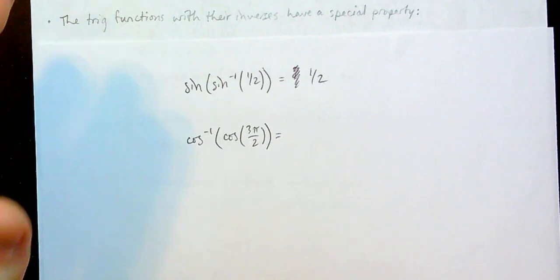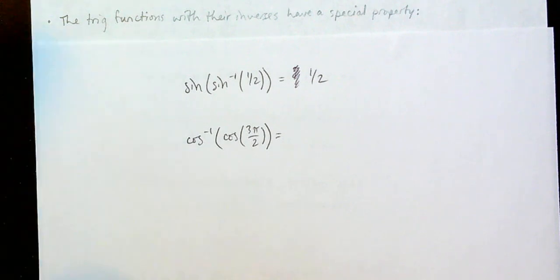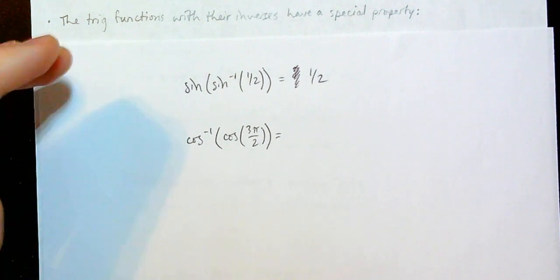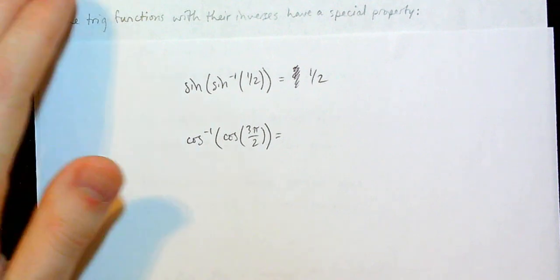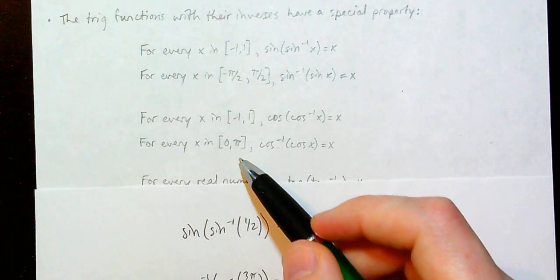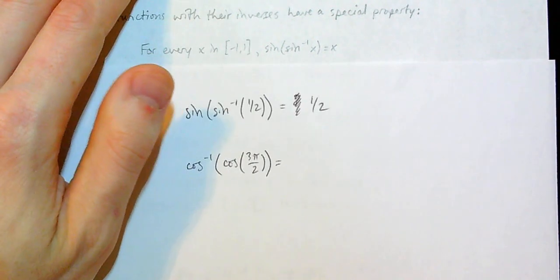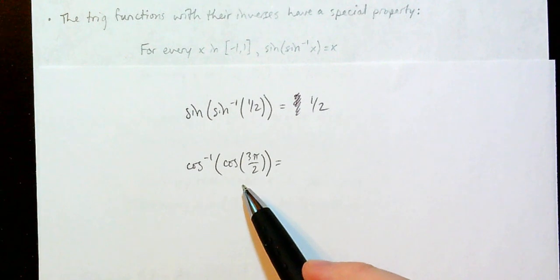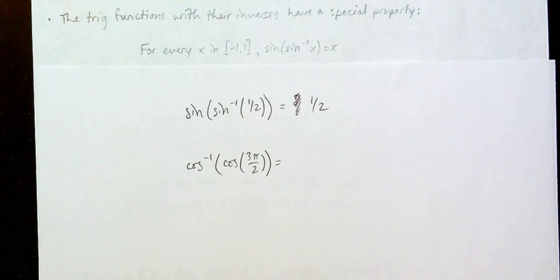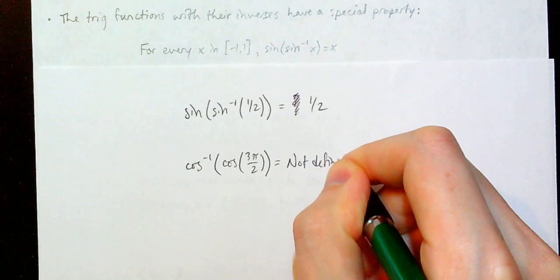Because we're looking at the trig function cosine in the context so that we can have the inverse function, the arc cosine or the inverse cosine, we can only plug in x values between or equal to 0 and pi. But here we have the value 3 pi over 2 being plugged into cosine x. And 3 pi over 2 is greater than pi. So this thing is not defined.